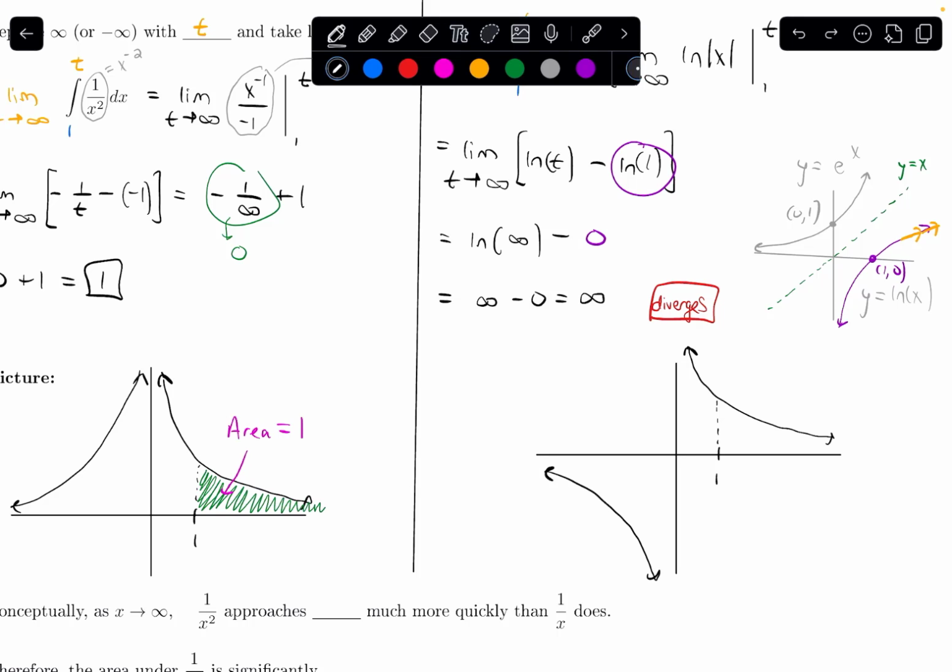If I shade that in, let's do it in a different color, this area also extends infinitely far, and based on the calculation we just did, this area is infinite.